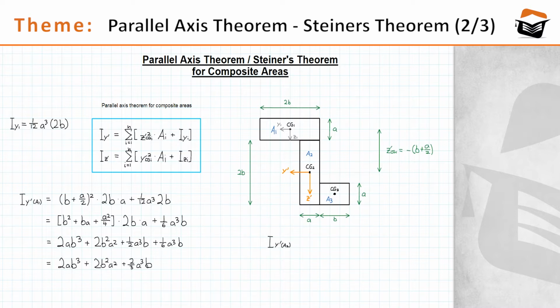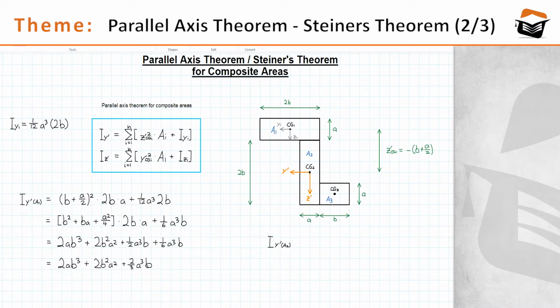So if we apply this formula, we actually can omit this term that pertains to the parallel axis theorem. So the z prime cg2 squared times A, we can omit this term because, again, the reference axis is the centroidal axis that runs through the centroid. So we only need to take into account the I sub y, y2.